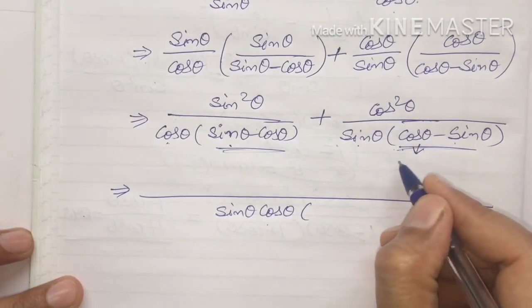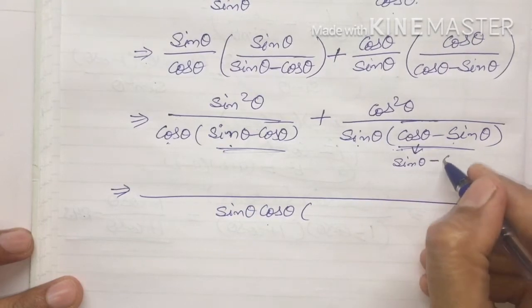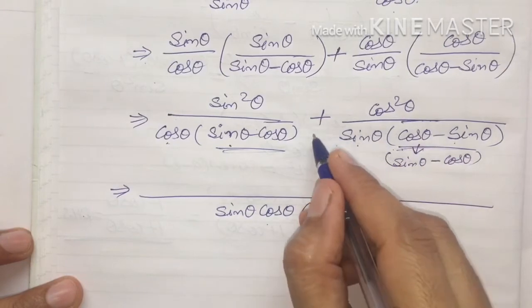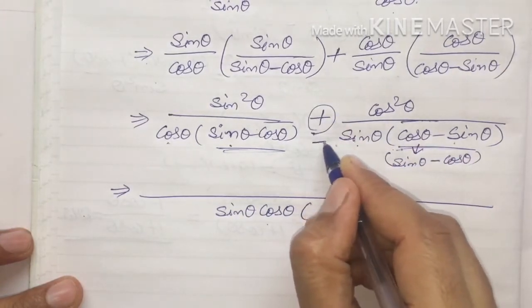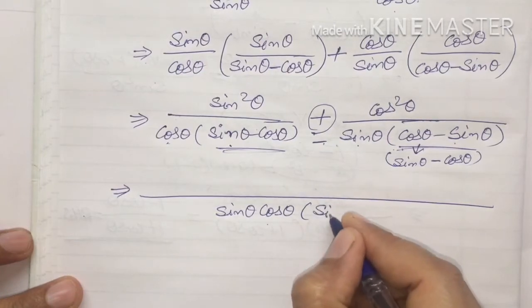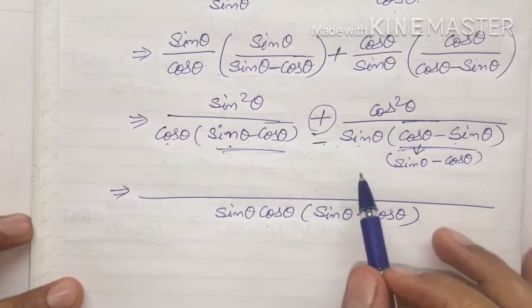So this will change into sine will become plus and cos will become minus. So instead of this plus sign, the minus will come. So from the bracket sine theta minus cos theta, we have changed it.